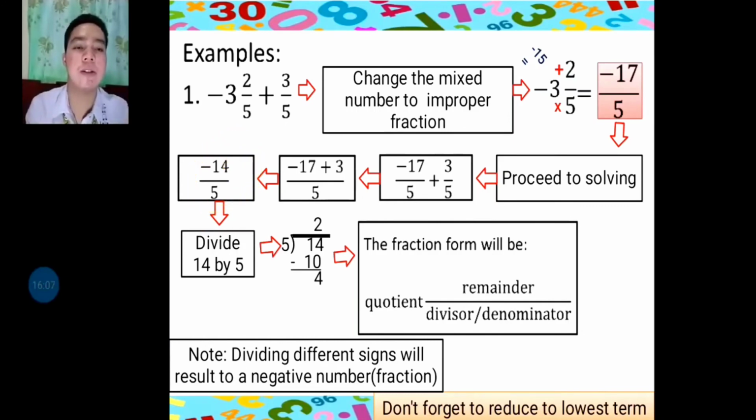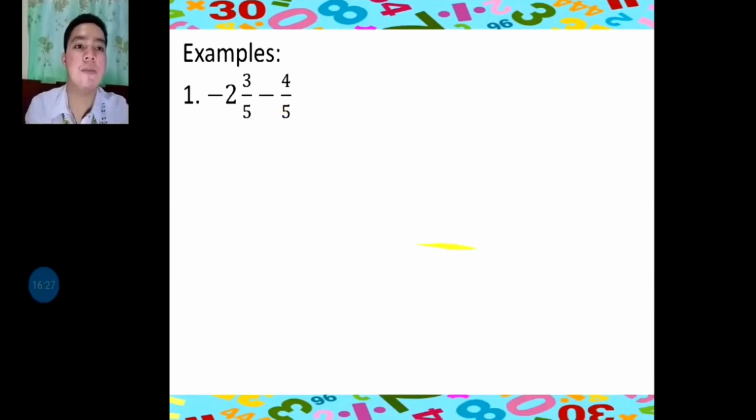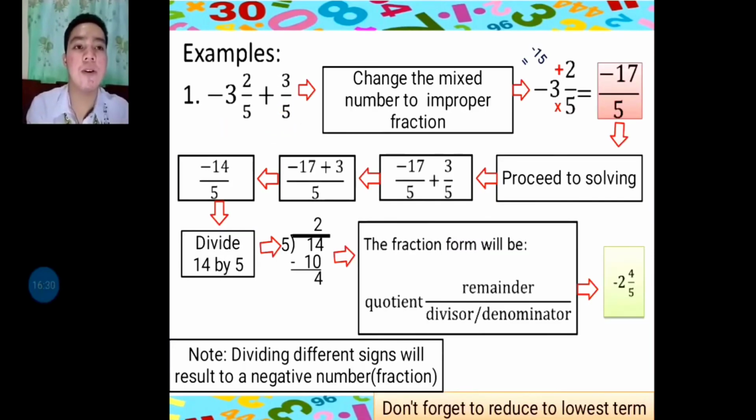Therefore, our result will be a negative fraction. So this will be negative 2, quotient 2, then remainder 4 here, and our denominator is the divisor 5, or the denominator on our given 5. So negative 2 and 4 over 5 is the final answer.